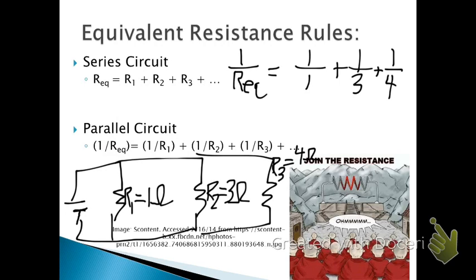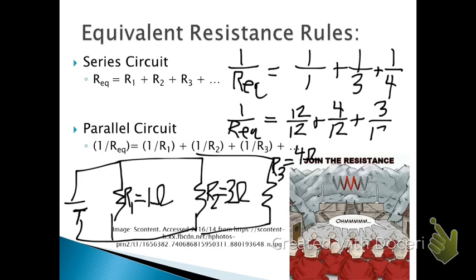Nice. So once you solve that out, well, I'd end up with a common denominator of 12 among these, so I'd get 1 over my equivalent would be 12 over 12 plus 4 over 12 plus 3 over 12.